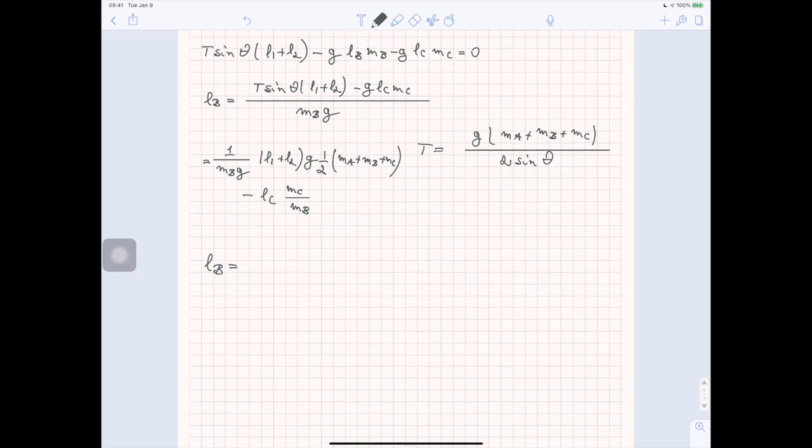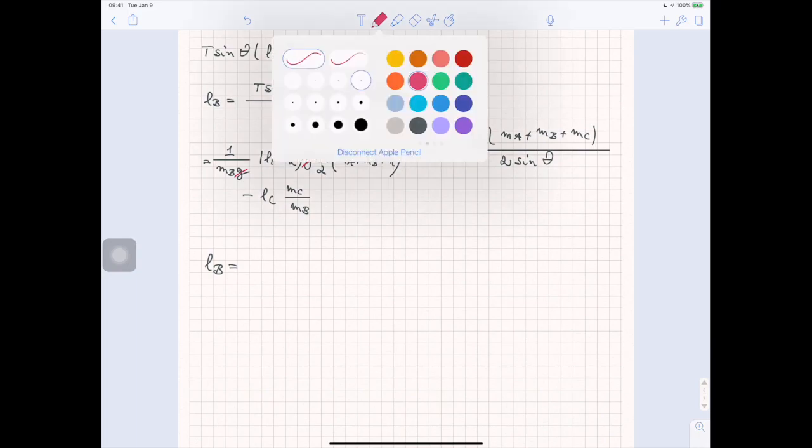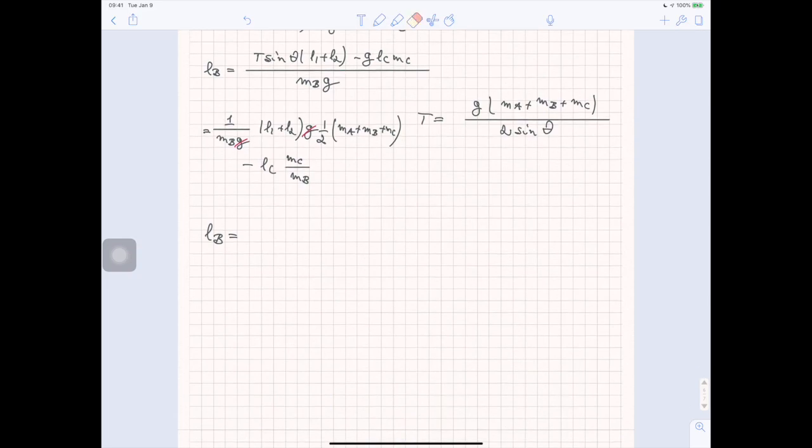So now let's see. You can multiply these mass ratios into here. G cancels out, so you can reduce this, and you can bring MB into the expression. So you have ratios of MA over MB plus 1 plus MC over MB, and then here LC MC over MB. So we have a factor 1/2 here, we have L1 plus L2, that sum with the factor 1/2.